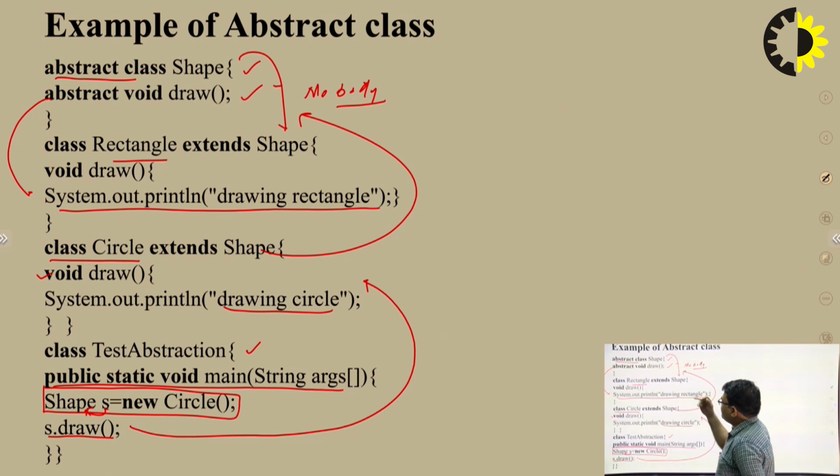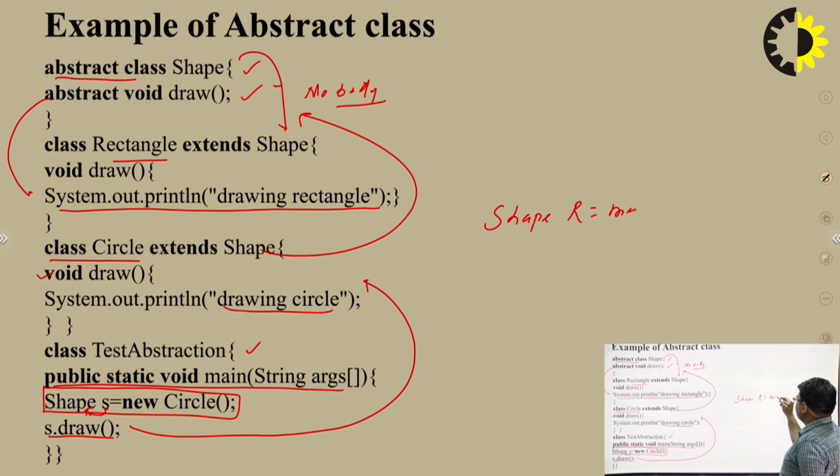If we create an object of the rectangle class, then the rectangle class object calls the rectangle class implemented draw method. We can make an object of the rectangle class, new Rectangle, then r dot draw.